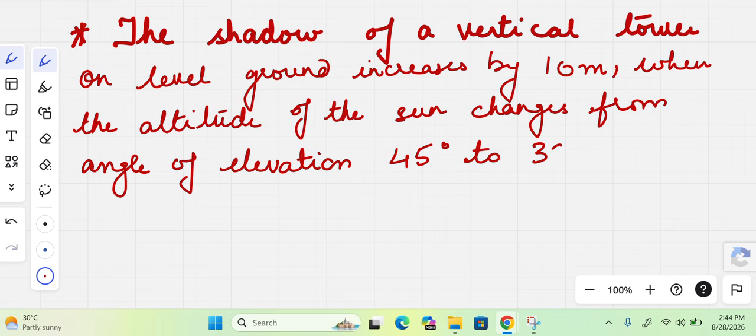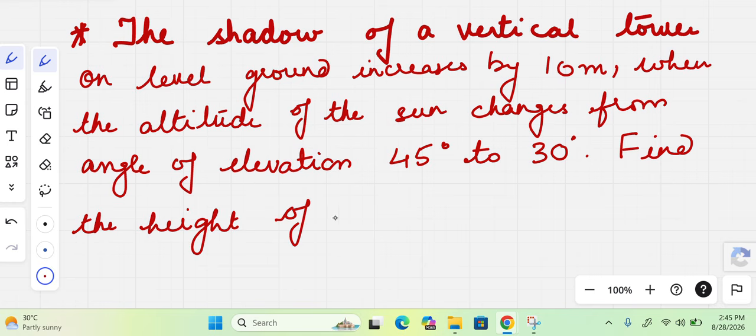Read the question, how the angle of elevation is changing, and be very clear when you draw the diagram where the angles will come and how it will be placed.